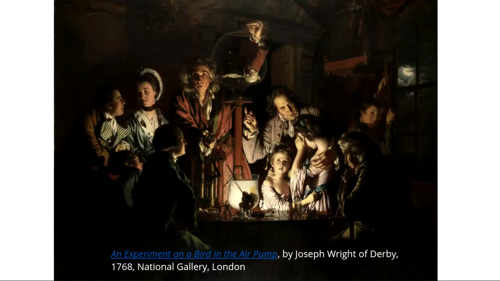So I'll finish on this slide. This is a very famous painting that's found in the National Gallery in London. It's called An Experiment on a Bird in an Air Pump, and it was at the beginning of the Industrial Revolution and the Age of Enlightenment, where people were being shown the power of science and the power of things that you couldn't necessarily see and understand easily.